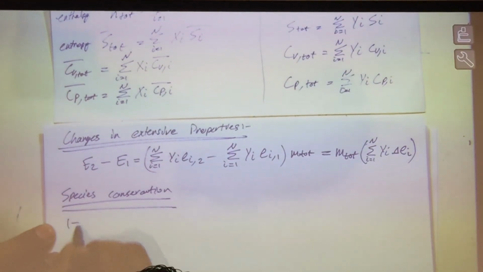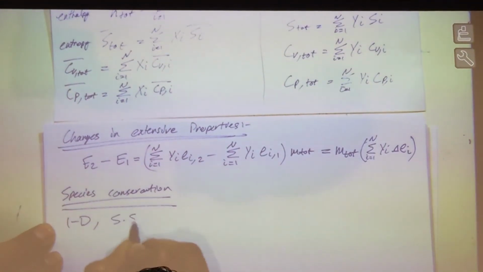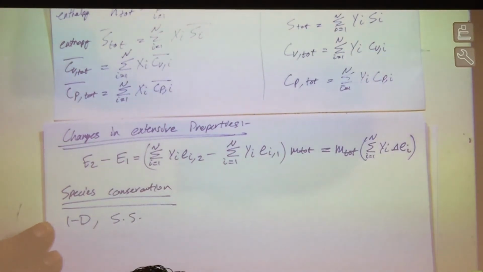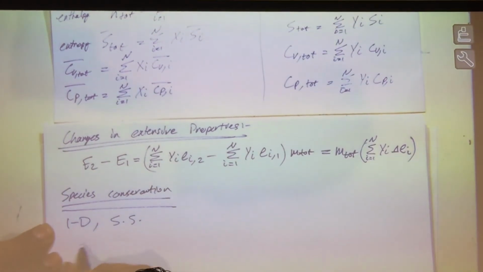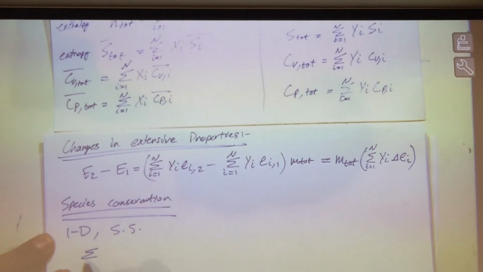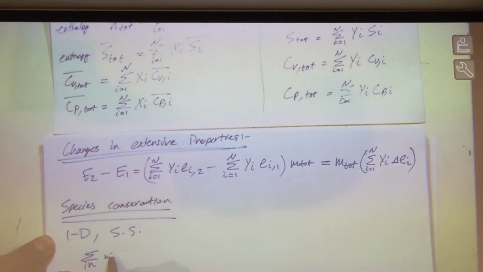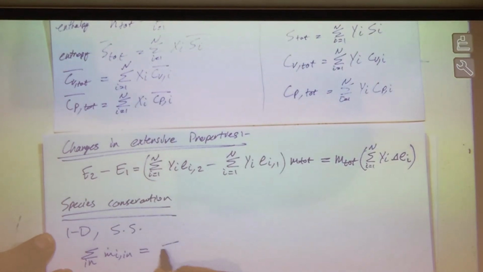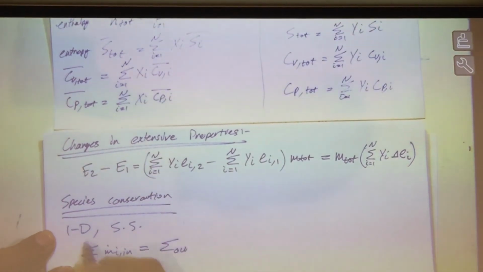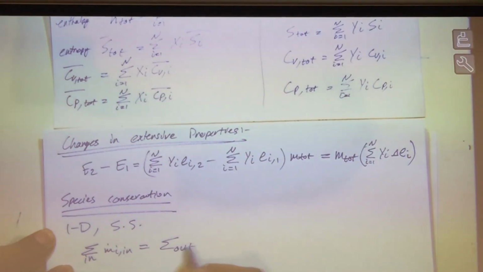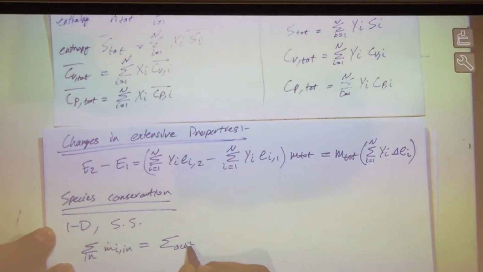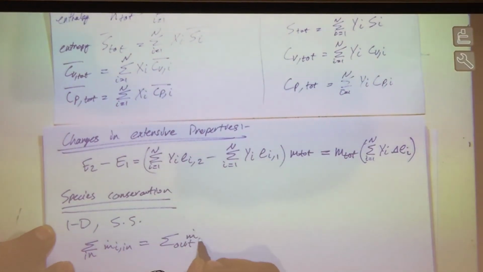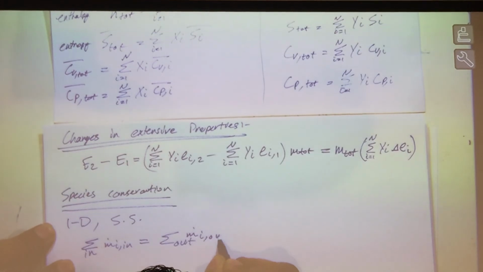For 1D, like we read before, steady state, my conservation is simply the total amount of mass. So if I have the sum of mass of that species in, it is equal to the sum out, assuming again steady state one-dimensional, of m dot of that species that is going out.